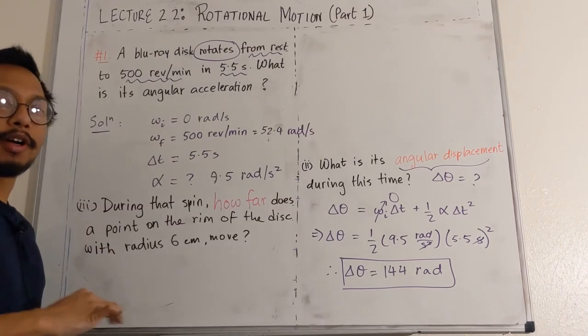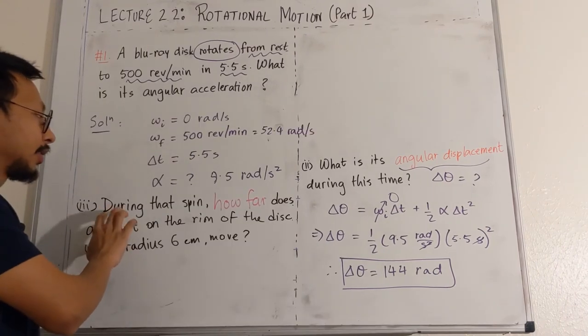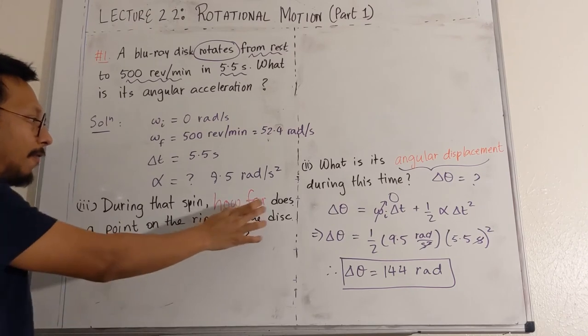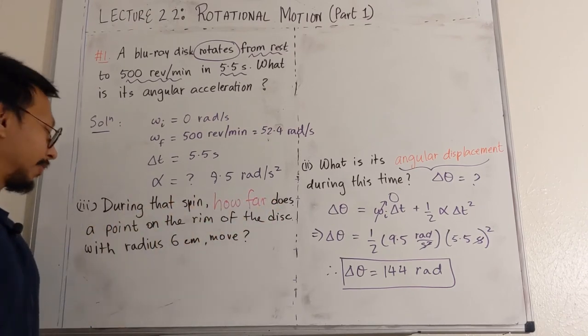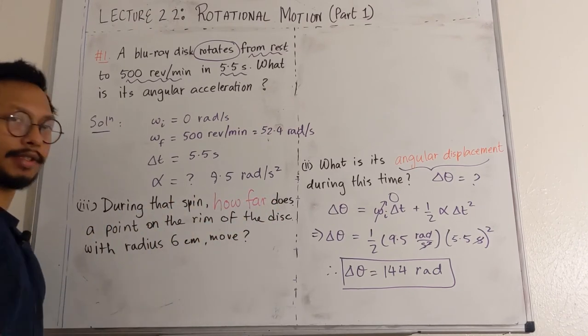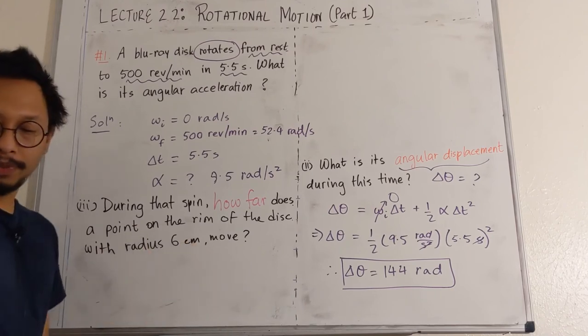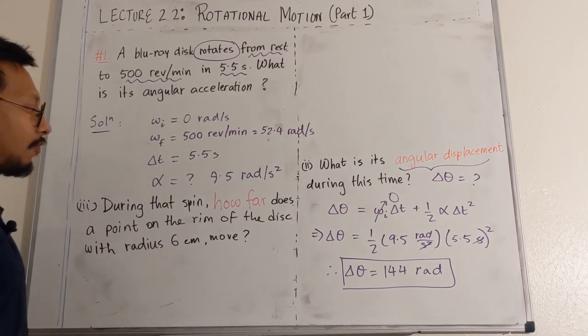Now there's a third part to this problem. It asks, during that spin, how far does a point on the rim of the disk with radius 6 centimeters move? Let's first understand what how far means.